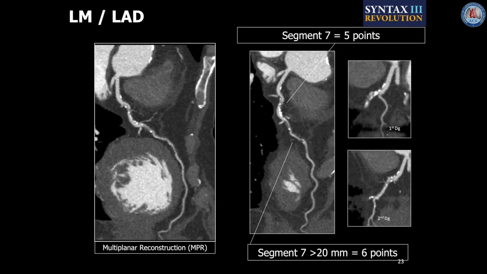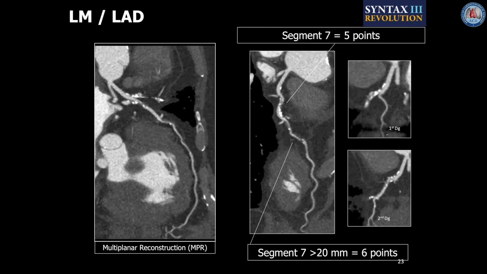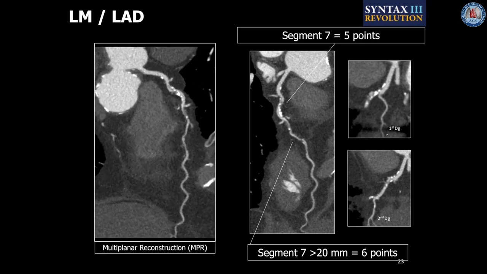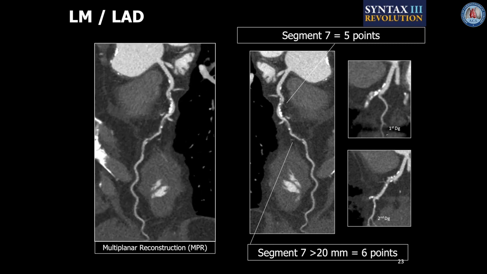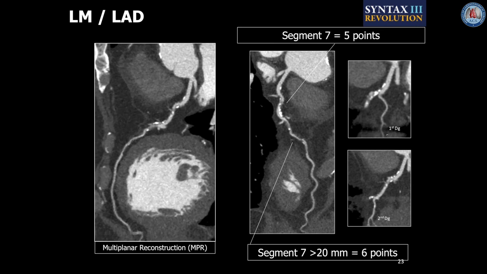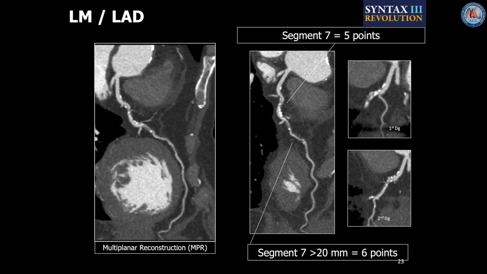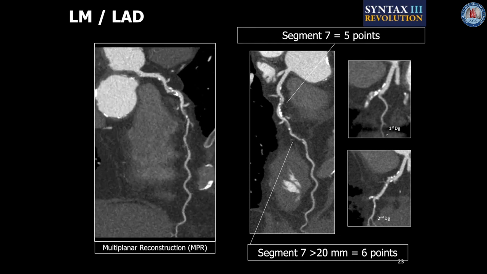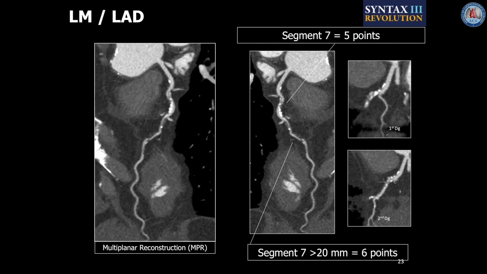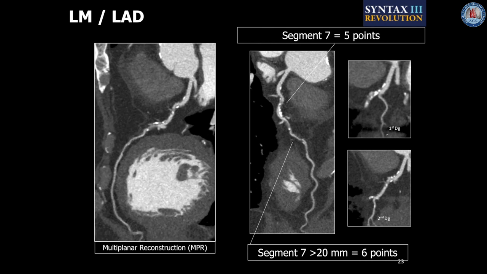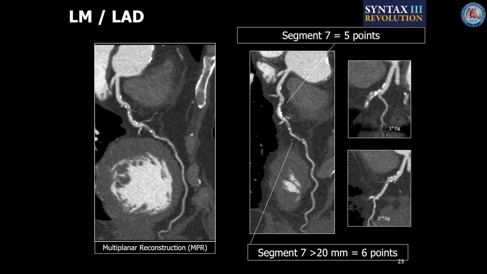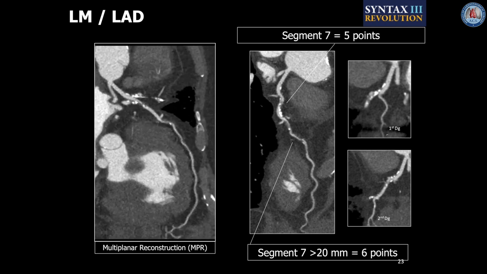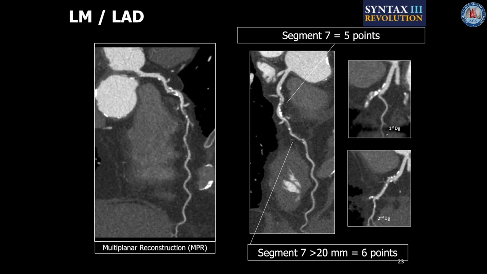In the LAD, you can appreciate this long lesion in the mid part of the LAD. Obviously, this is a diseased segment. The distal bed here, the landing zone, is quite healthy, but this part is quite diseased. There is calcification, but the surgeon does not care too much about that.